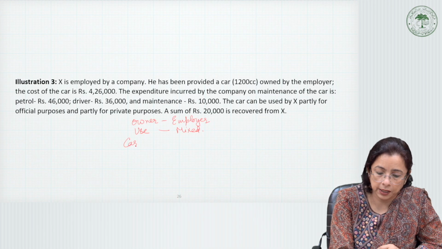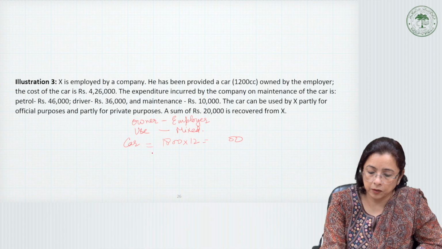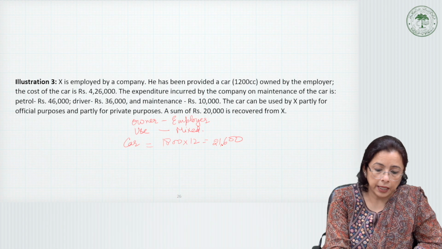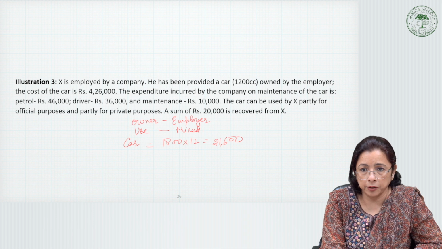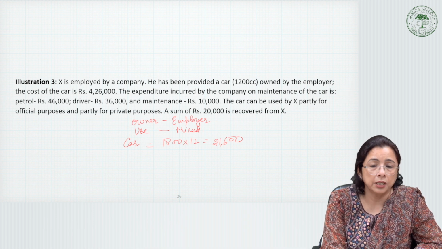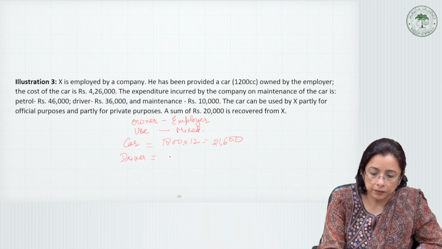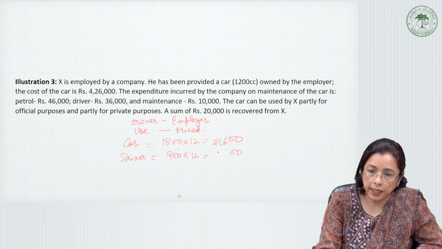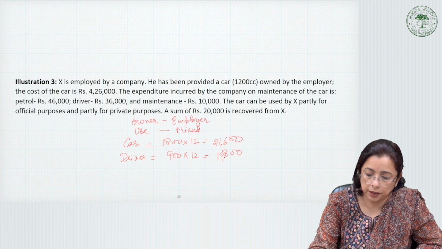So the value of perquisite for the car is 1800 into 12, which makes it 21,600. There is a driver also on which some expenditure is done, but whatever the allowable limit, we will be computing that. So for the driver, twelve nines are 108, so it is 10,800.